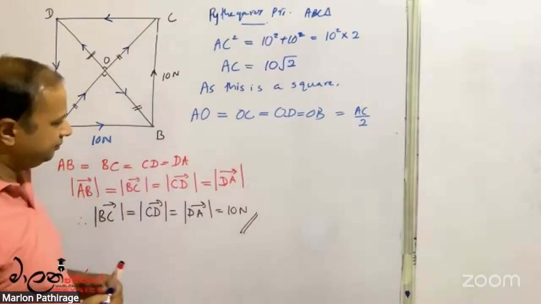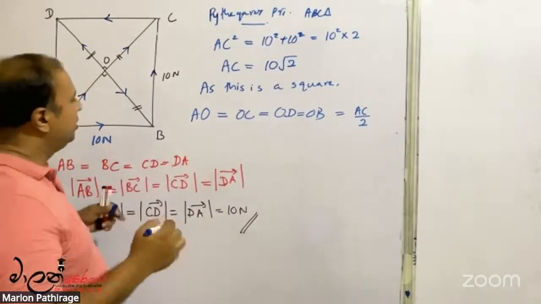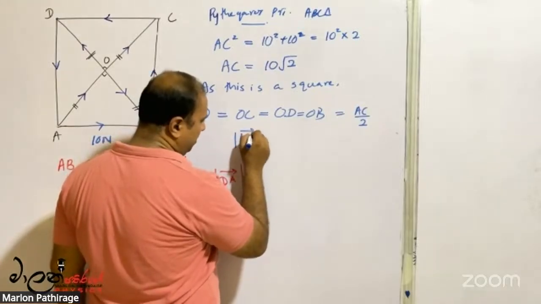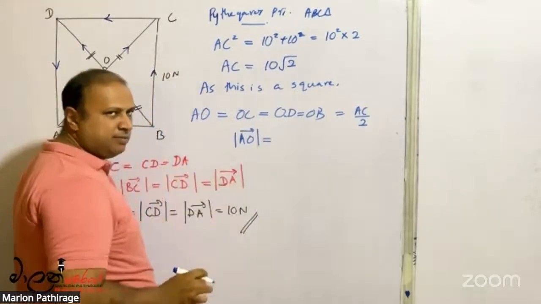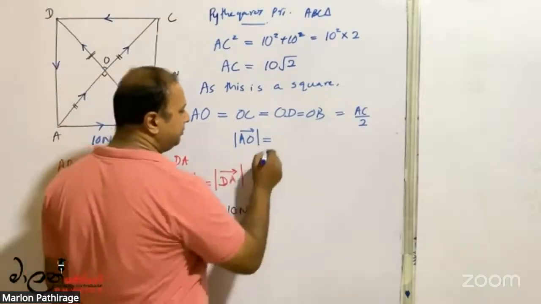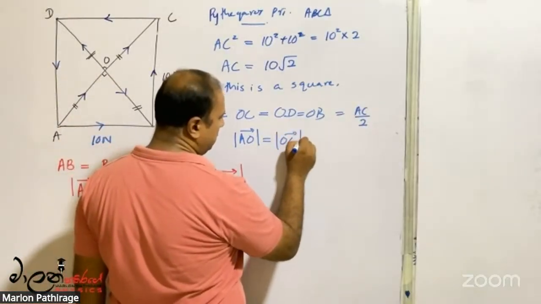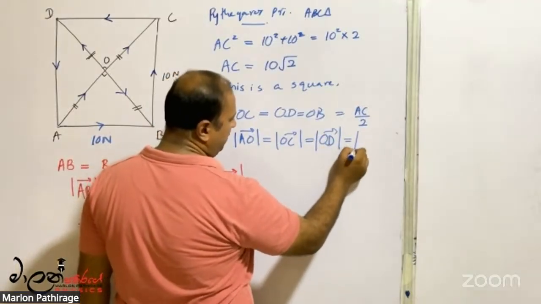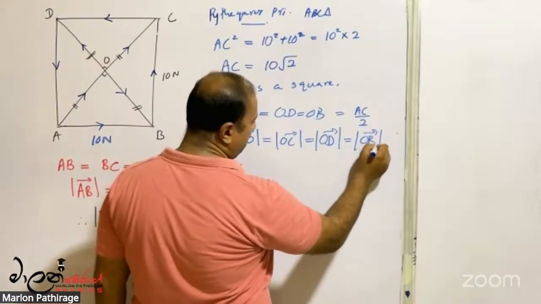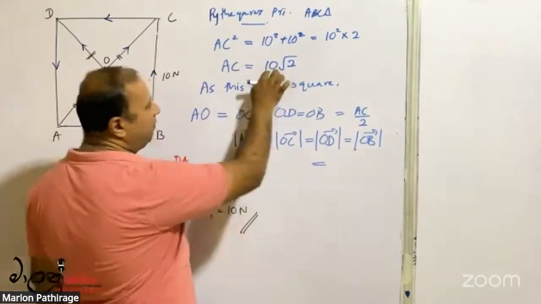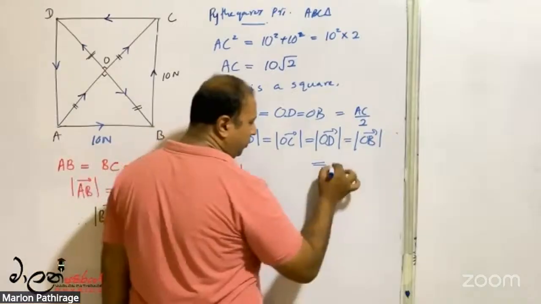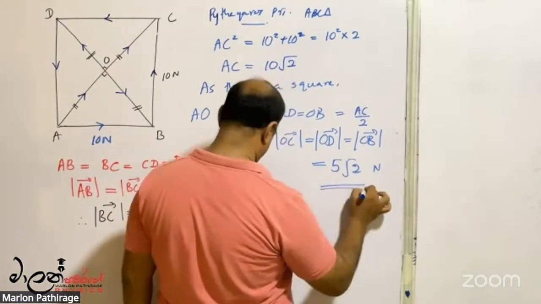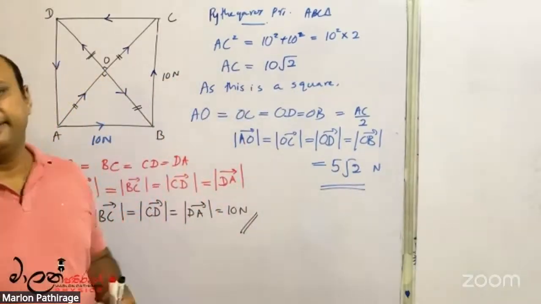Therefore, AO means magnitude of AO vector, OC means magnitude of OC vector, OD means magnitude of OD vector, and OB means magnitude of OB vector. And all are equal. Half of this one means 5 root 2. Okay.